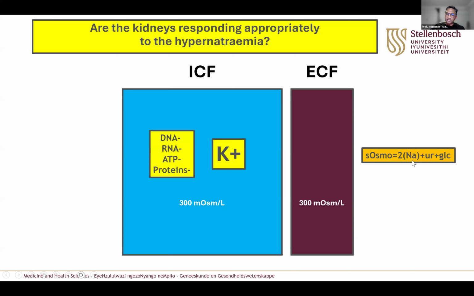As I've been mentioning, body fluid compartments are neutrally charged. So for every positive, there must be a negative. So we say 2 times sodium plus urea plus glucose. So a normal sodium is around 140, and therefore the main osmole inside the ECF compartment is sodium.